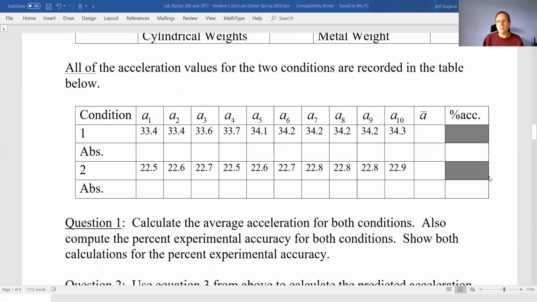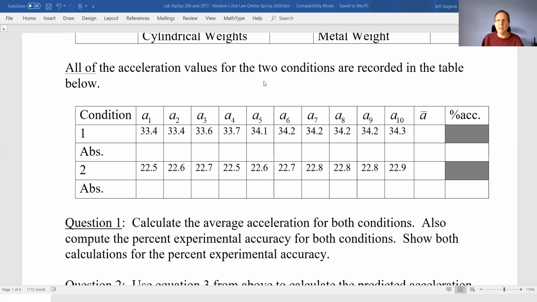And then finally, the percent accuracy is going to be your average absolute deviation divided by your average acceleration times 100. That will be your percent accuracy. We've done a bunch of those. Actually, just to remind you, let me do a quick example of how to calculate percent experimental accuracy, because I guess it's been a while since we have done that.